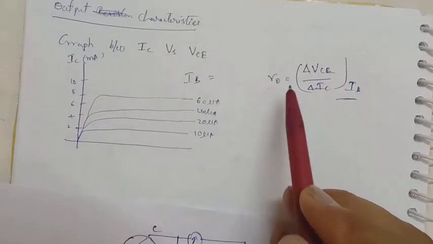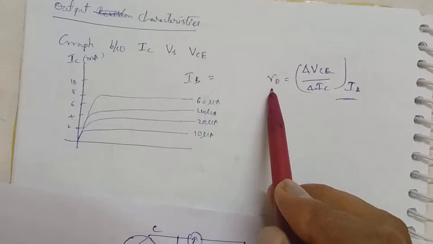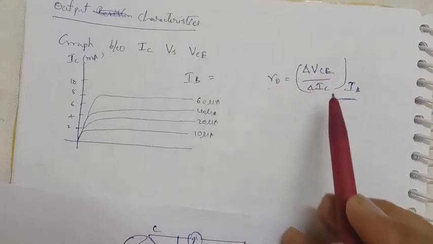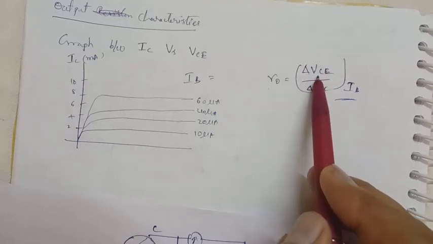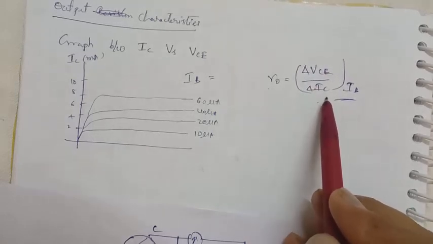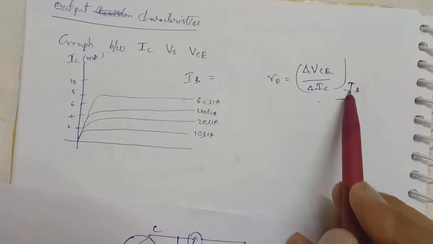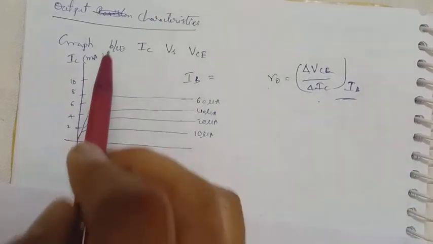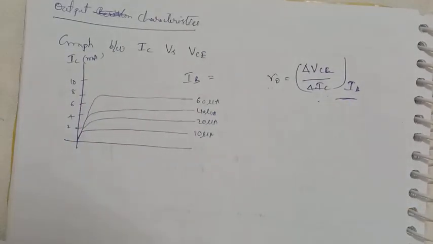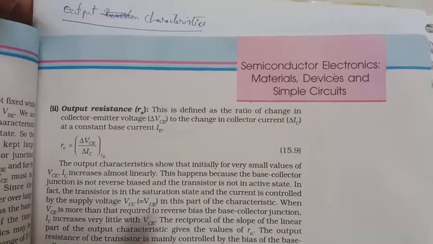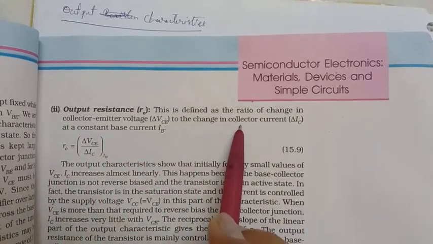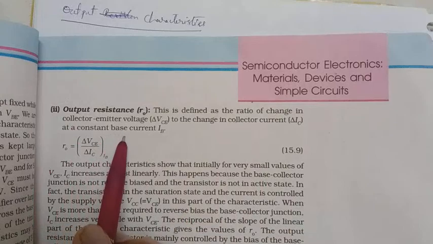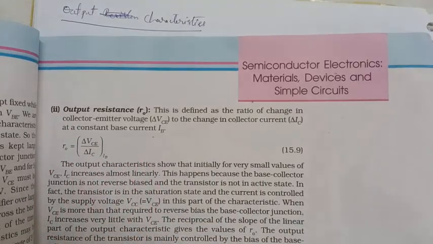So the output resistance is the ratio of the change in output voltage to the change in output current at constant base current. This is defined as the ratio of the change in collector-emitter voltage to the change in collector current at a constant base current IB. R naught is equal to this.